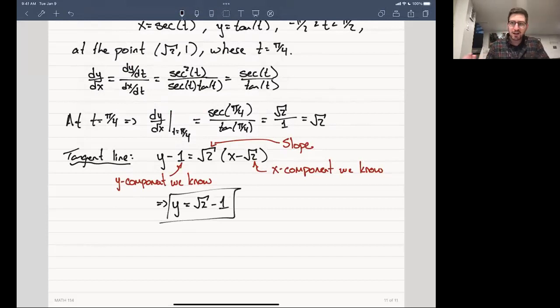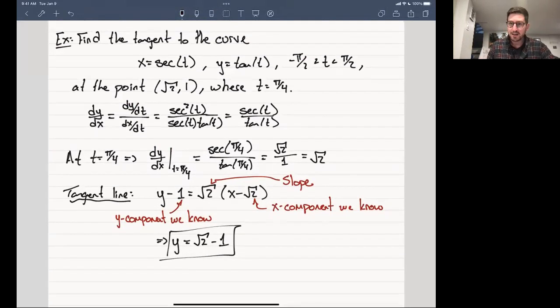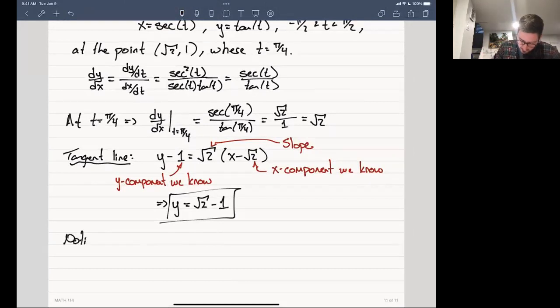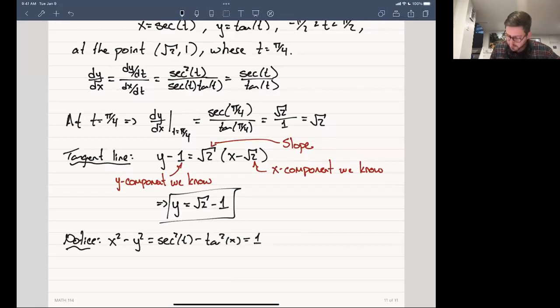Now, in terms of what we talked about in the last lecture, it might be a good exercise for you to try and figure out what this curve looks like. In fact, we did this curve in the last lecture. It's just dressed up in a different way. Notice that if you take the x component squared and subtract the y component squared, this is secant squared minus tan squared, and that Pythagorean trigonometric identity tells us this is equal to 1.